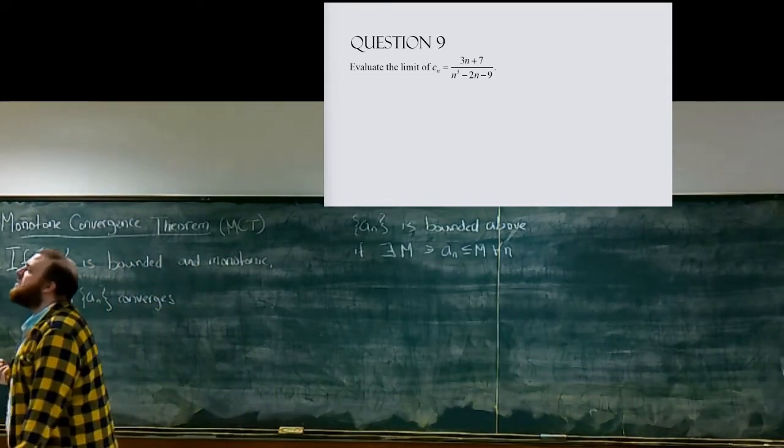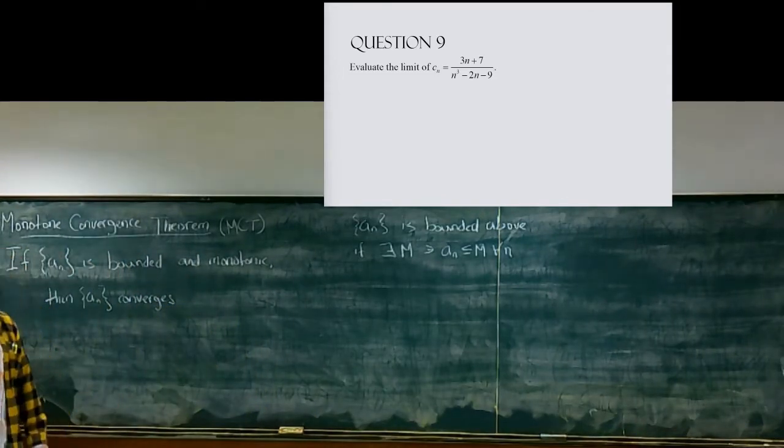Well, it's bounded above if there is some value big M such that every a sub n is less than or equal to it. In which case we say that that big M is an upper bound.